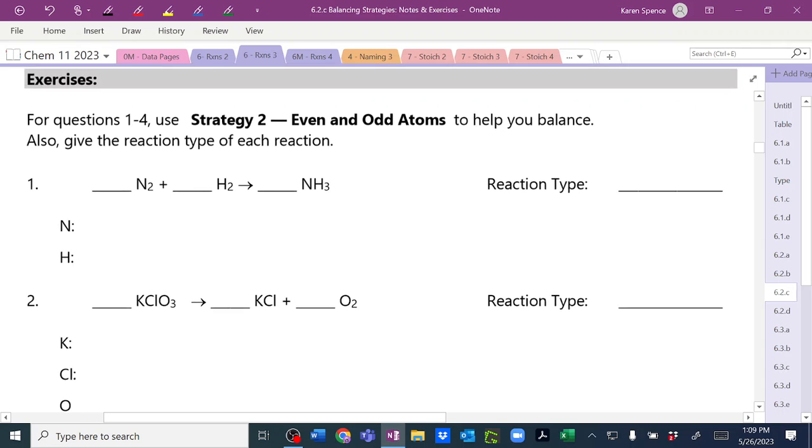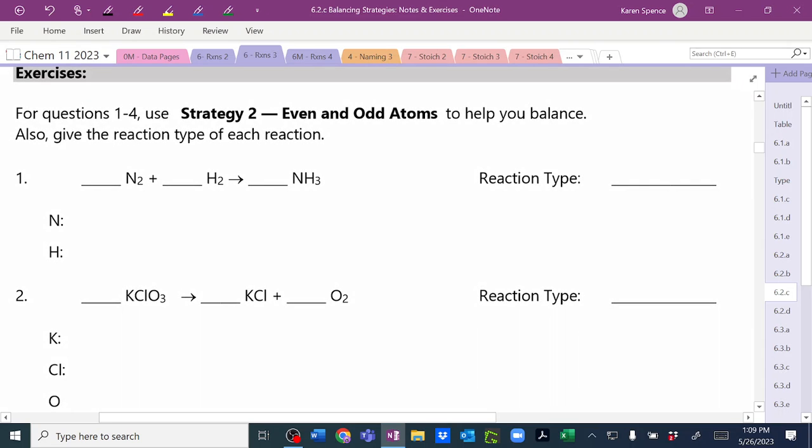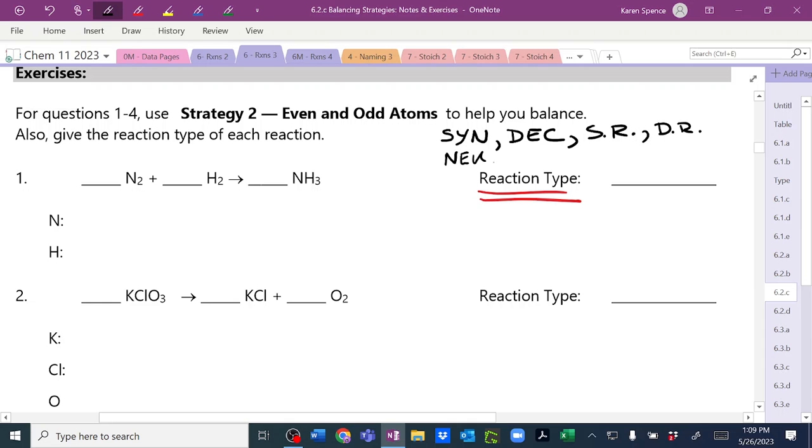But the one thing that you're doing here in addition to balancing is you're also writing down what the reaction type is. And you don't have to write out the full word. You can write syn for synthesis, dec for decomposition, SR for single replacement, DR for double replacement, nu for neutralization, and com for combustion.